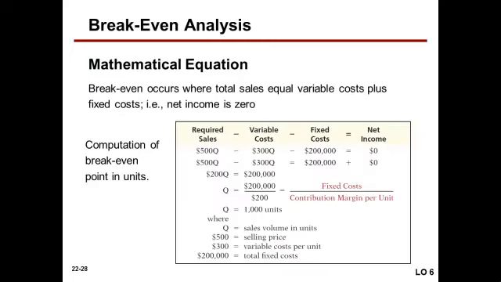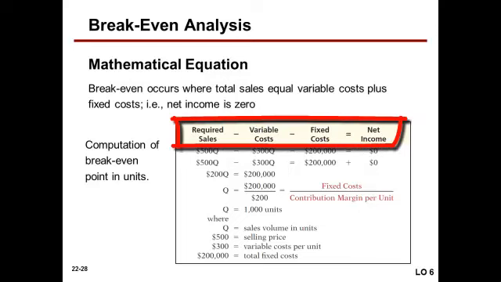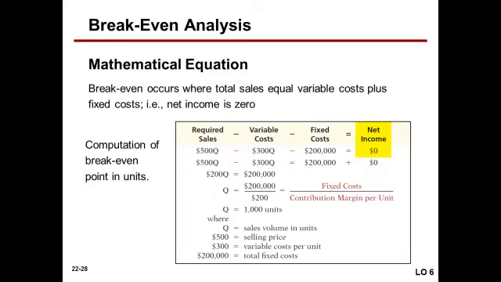Let's look at a calculation of a break-even formula using a mathematical equation. Now, this equation is simply that all our sales, less all our variable costs, and all our fixed costs will equal zero at the break-even point. That's our starting point. An example here, we had a sales value of $500 per item sold.